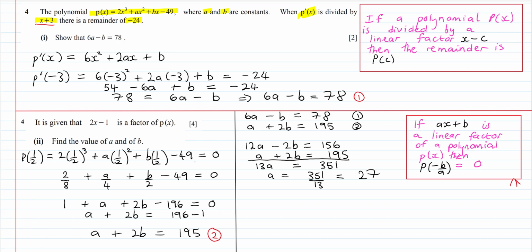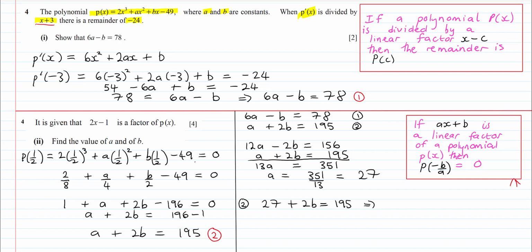So now we'll substitute this value of a into, we'll choose equation 2, because that's going to be easier, because the coefficient of a is just 1 for that one. So substituting into equation 2, we're going to get 27 plus 2b is equal to 195.